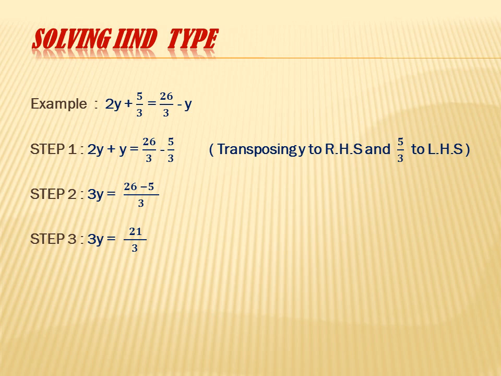Now this 3, which is multiplied here, will go to the right hand side and it will be divided. So in the next step we have simplified 21 by 3, we have got 7. Now this is multiplied by 1 by 3, so it will give you 7 by 3.